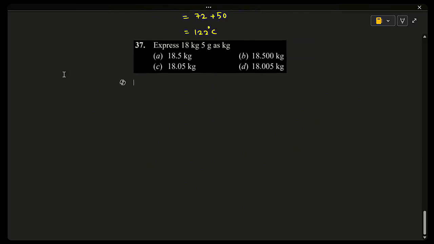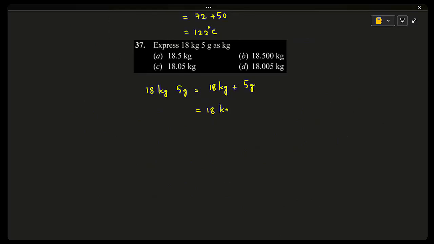Thirty-seventh one. Express 18 kilograms 5 grams as kilogram. So 18 kilograms and 5 grams are there. We want to convert everything into kilogram. This is already kilogram, don't disturb that. The 5 grams we have to convert. So this can be written as 18 kilograms plus 5 grams. How to convert grams to kilogram? We know 1000 grams is equal to 1 kilogram, so divide by 1000.